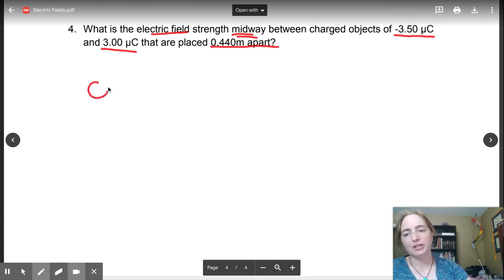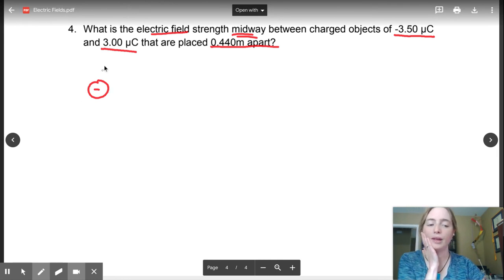I'm going to start with this guy here. I'm going to make this guy my negative charge. Okay. So, here is this guy. He's negative. He's got a Q of negative 3.5 times 10 to the power of negative 6 coulombs. And I am looking at a point midway here.